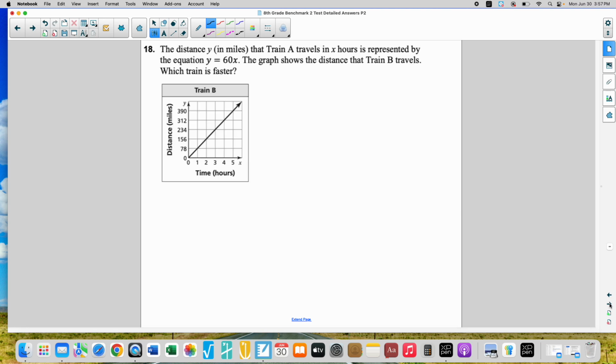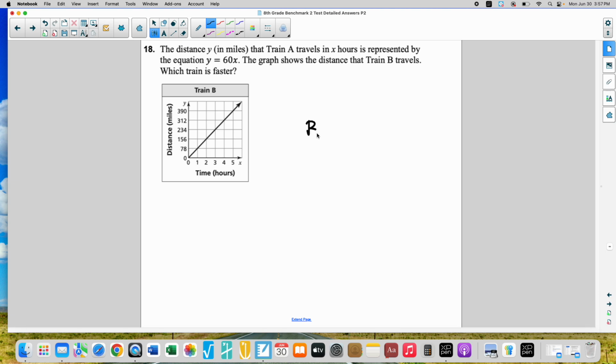18, the distance y in miles that train A travels in x hours is represented by the equation y equals 60x. The graph shows the distance that train B travels. Which train is faster? Now this can be continuous. It's not discrete, and it's continuous because you can travel less than an hour. So train B travels in 1 hour 78 miles.